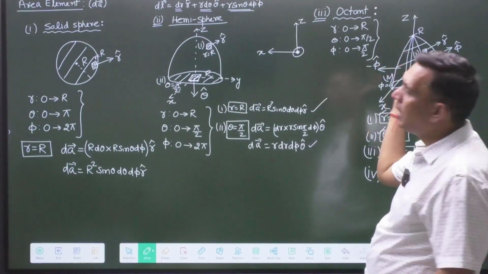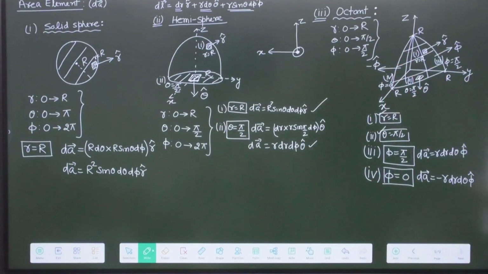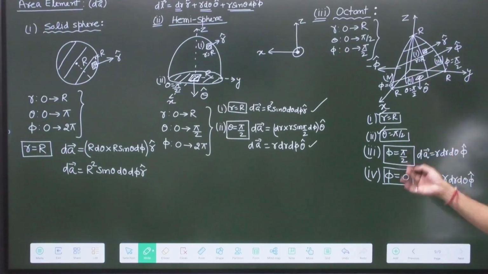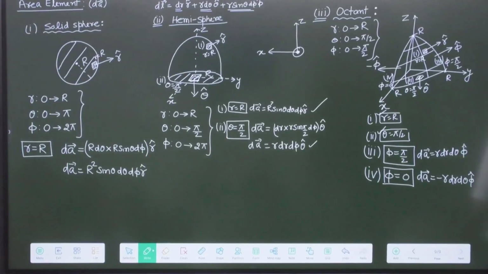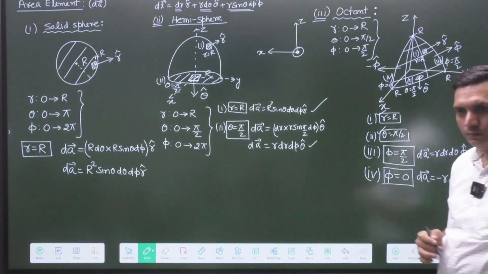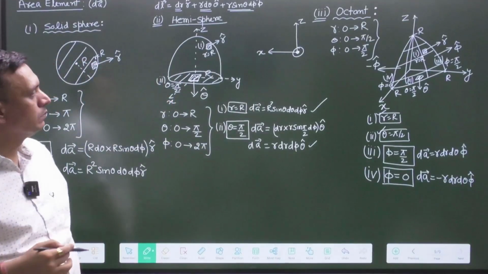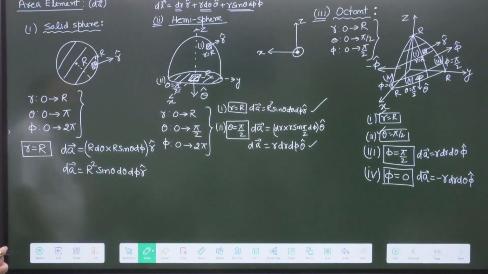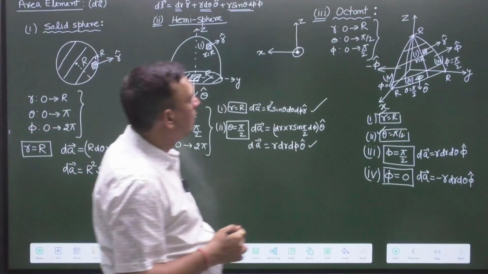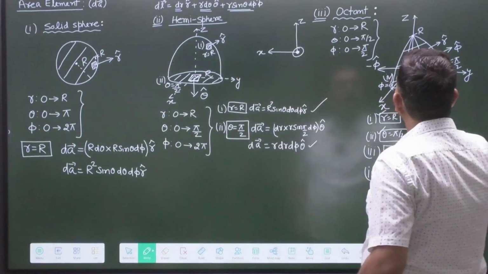So again, it's a part of a sphere. So you can specify r, theta, phi, and on each surface you can write the area element.